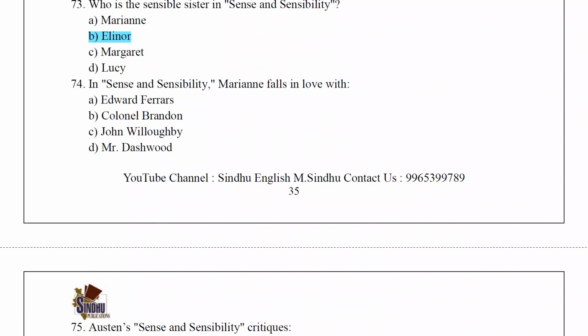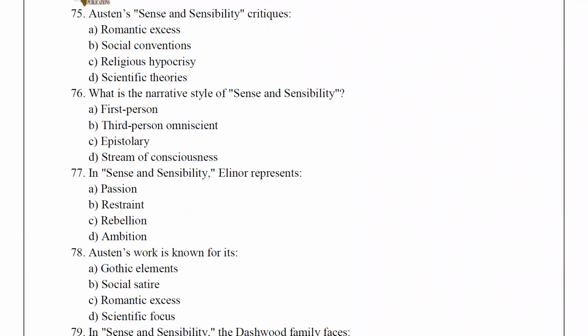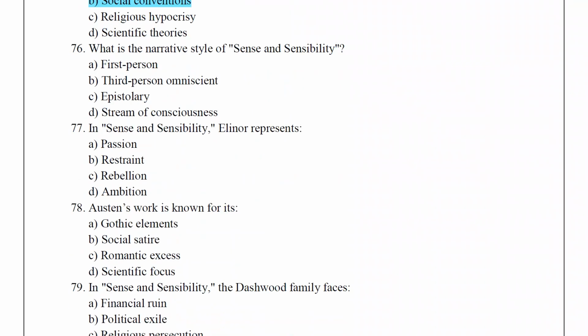In Sense and Sensibility, Marianne falls in love with John Willoughby. Austen's Sense and Sensibility critiques social conventions. What is the narrative style of Sense and Sensibility?